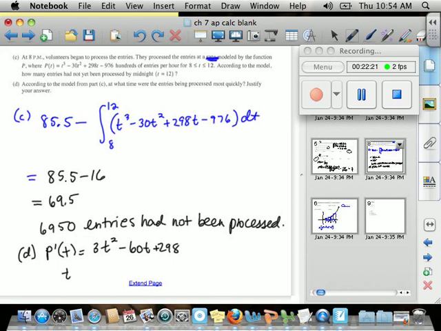I got t equals 9.184. Did you guys get that? No? What'd you guys get?